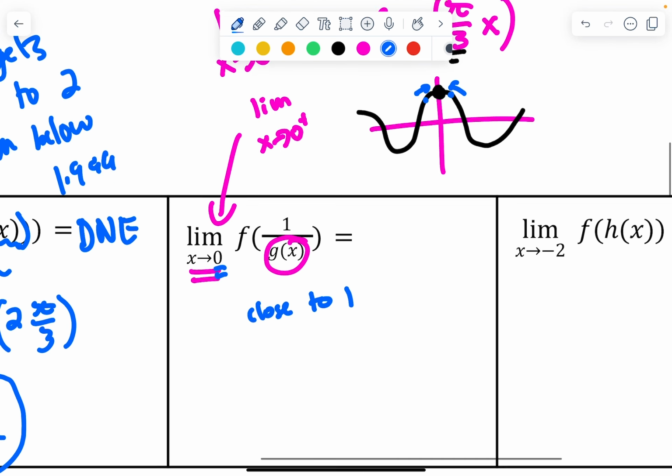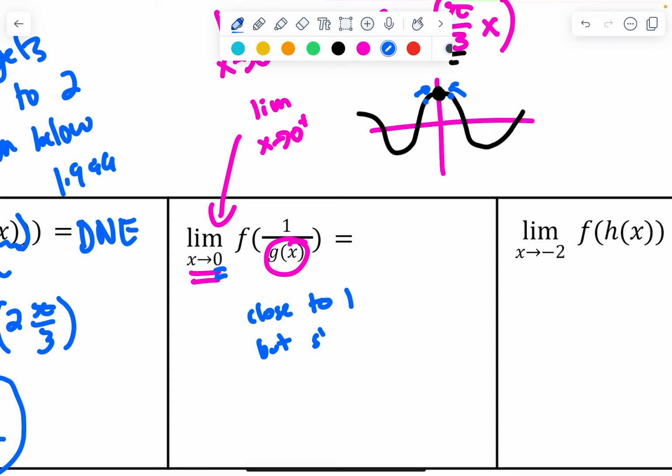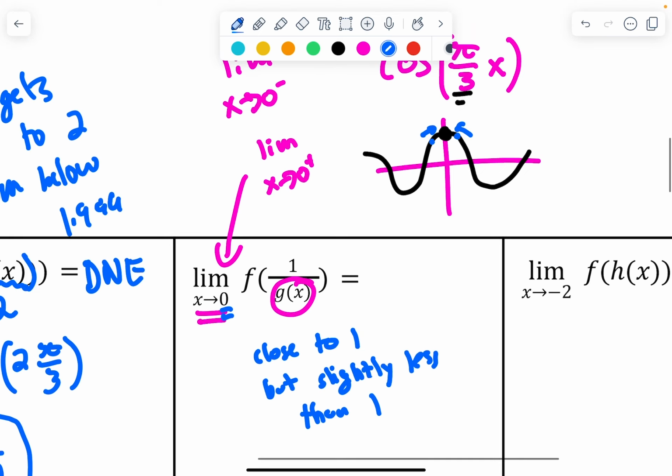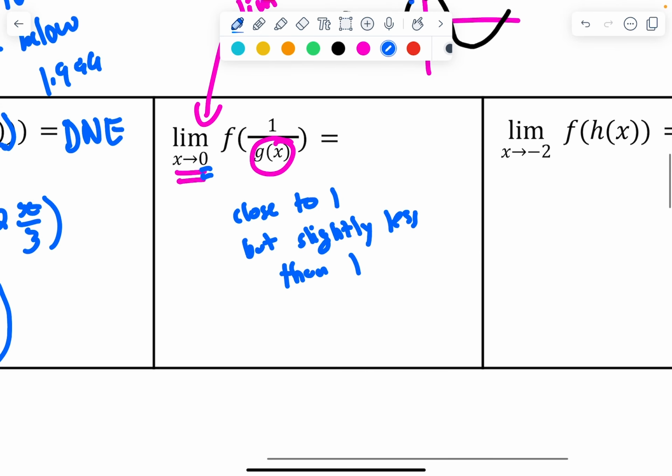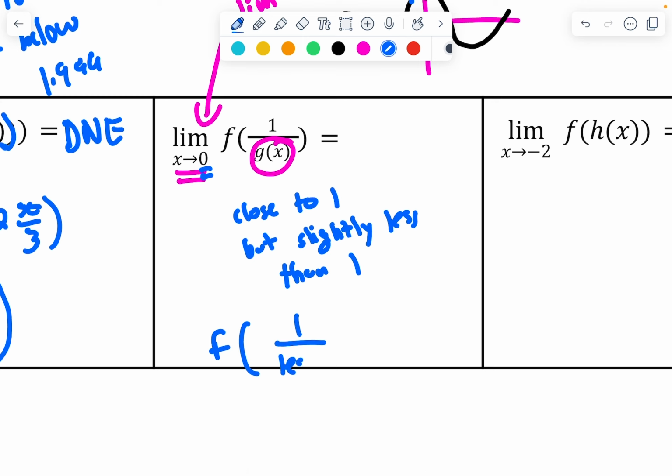And it's close to 1, but it's always slightly less than 1. Right? It's important that we're coming from below because, okay, here we have f of 1 over, and we're getting really close to 1, but slightly less than 1. So less than 1, but really close.